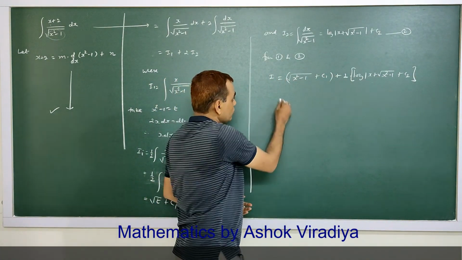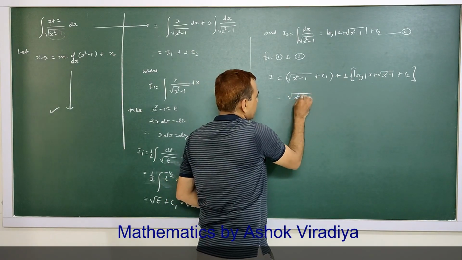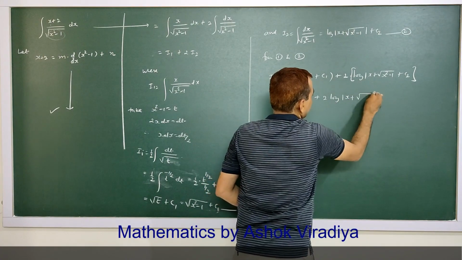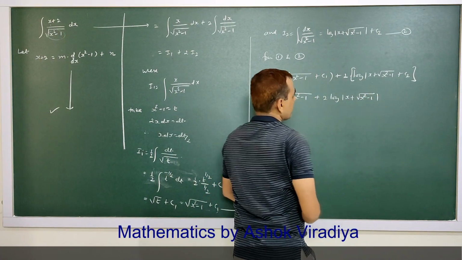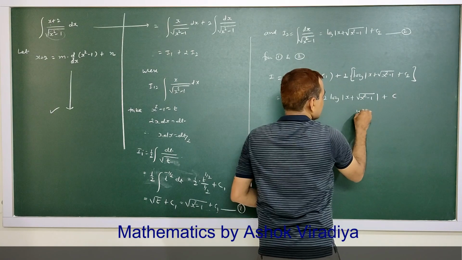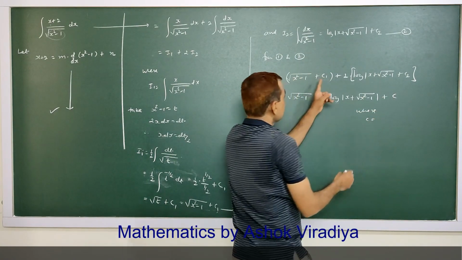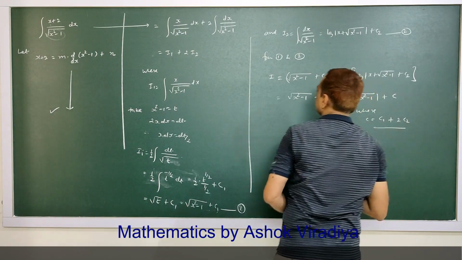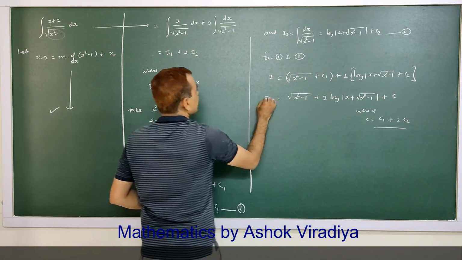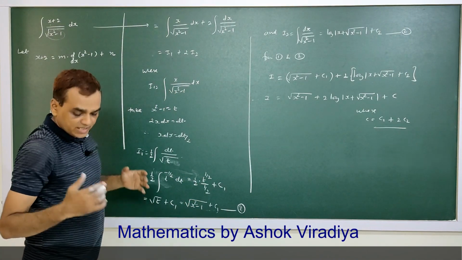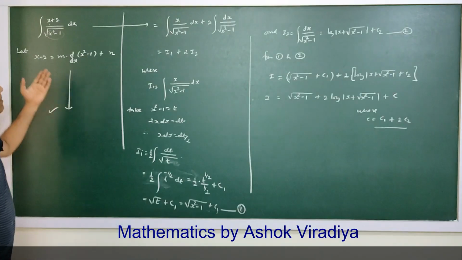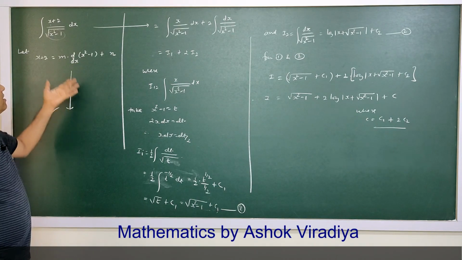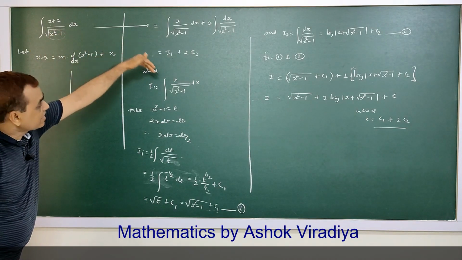So it is equal to root x square minus 1 plus 2 times log mod x plus root x square minus 1 plus c, where c is c1 plus 2c2. So it is the required integral. So see, every time there is no need to take help of the MN procedure. Without taking help of MN, sometimes this can be started directly.